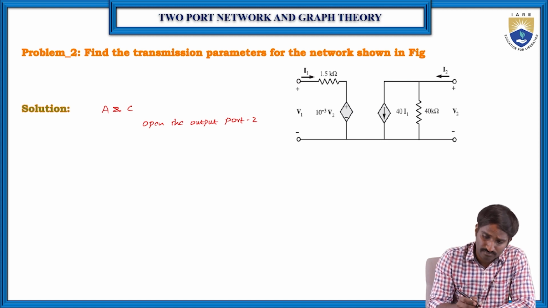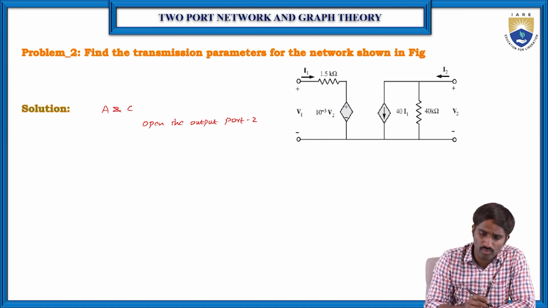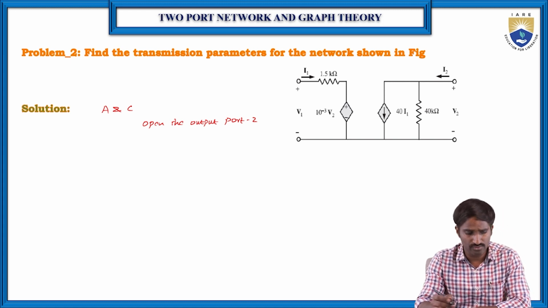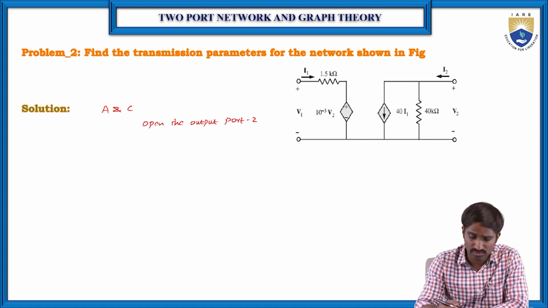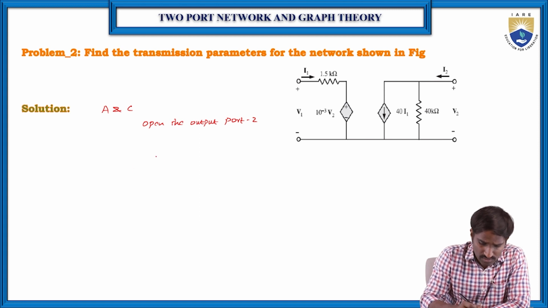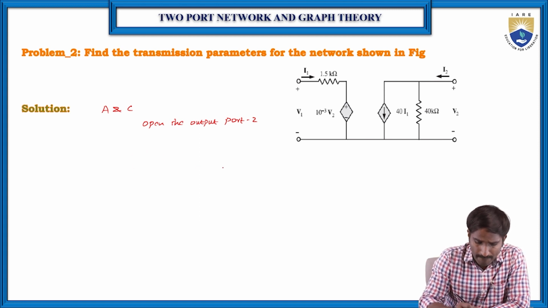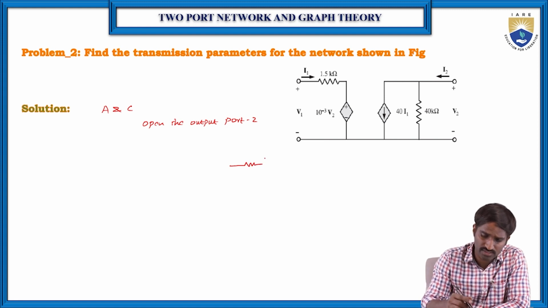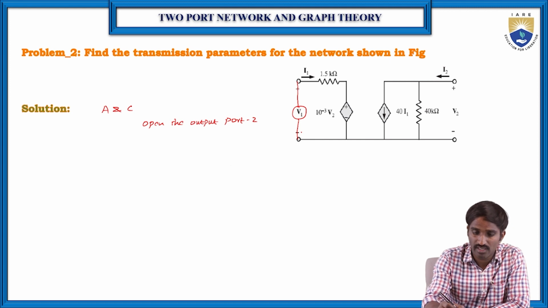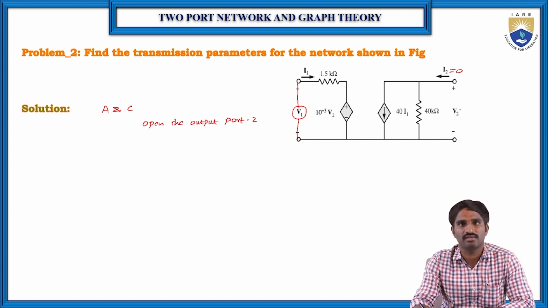So by making output port 2 an open circuit, let me draw this circuit. Here I have just considered the same problem. The extra thing here is that we are considering this V1, and I2 is equal to 0 because of the open circuit, and V2 is there.